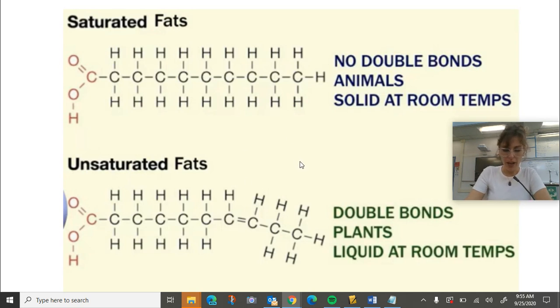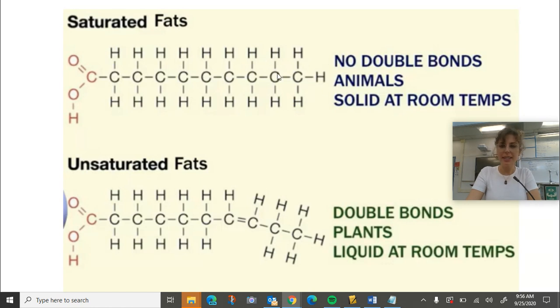Okay, so when I look at saturated fats, I see that the carbons are completely saturated in hydrogens. Okay, so there's no double bonds. It's all directly hydrogens bonded, fully saturated by these hydrogens. Okay, and so no double bonds.